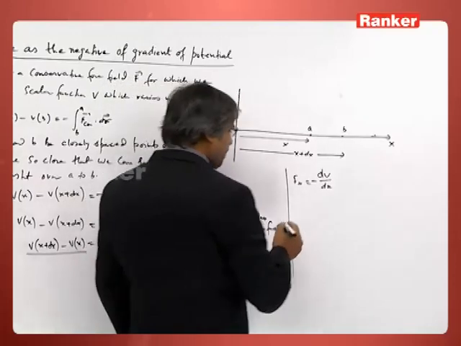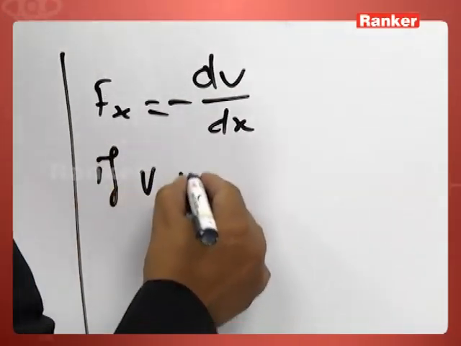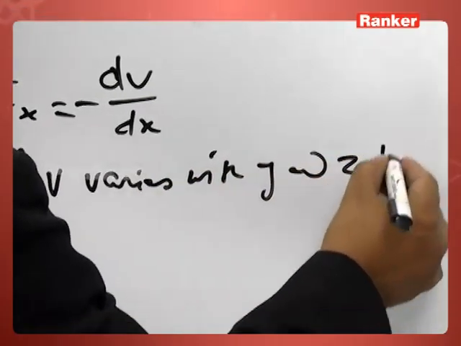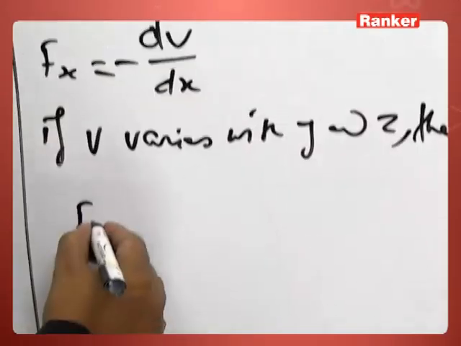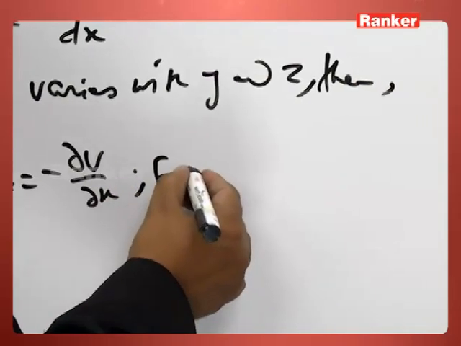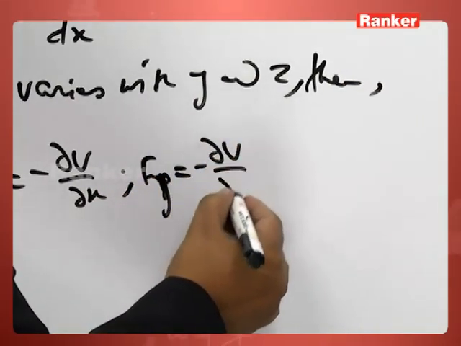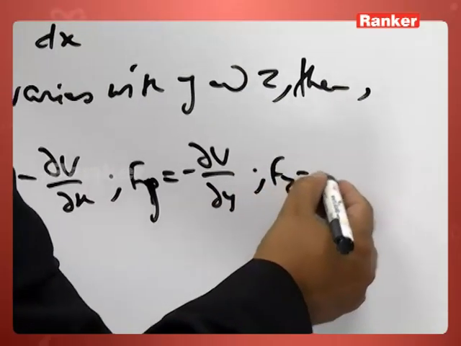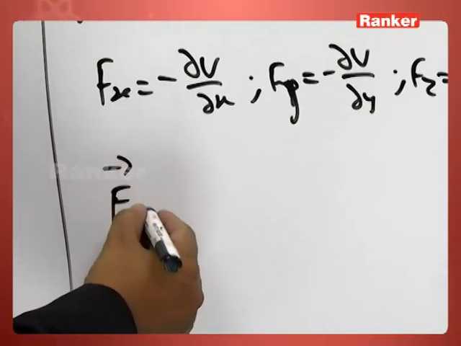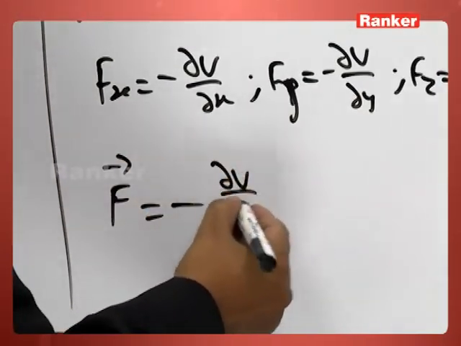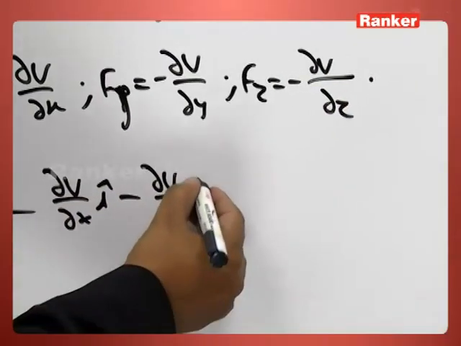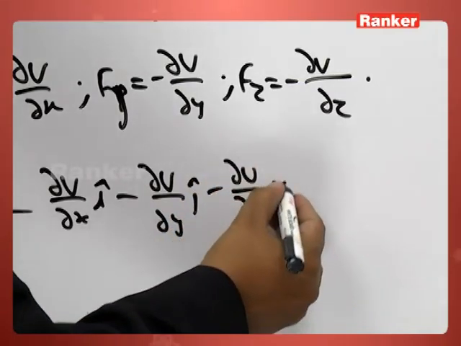Now if V varies with y and z, then we have Fx equal to minus ∂V by ∂x, Fy equal to minus ∂V by ∂y, and Fz equal to minus ∂V by ∂z. We write this as F equal to minus ∂V by ∂x i, minus ∂V by ∂y j, minus ∂V by ∂z k.